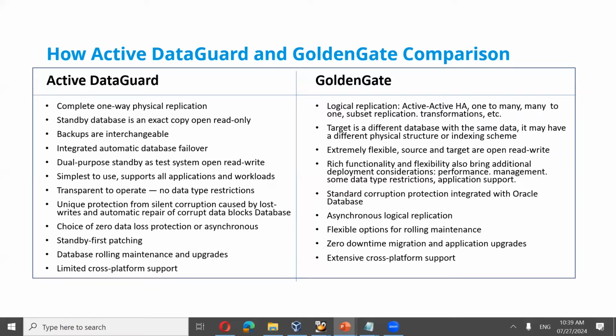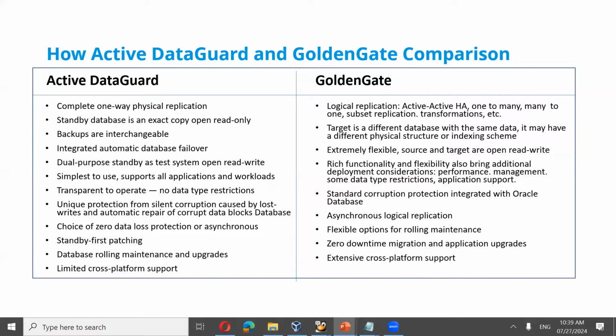To be very honest, I don't see any such issues, like data type restriction or corruption, in Golden Gate anymore. But I have seen them, because I have been working in Golden Gate for a long time. When Golden Gate was new, in version 11G or 12.1, I used to see these kinds of things. But now I don't see this anymore.